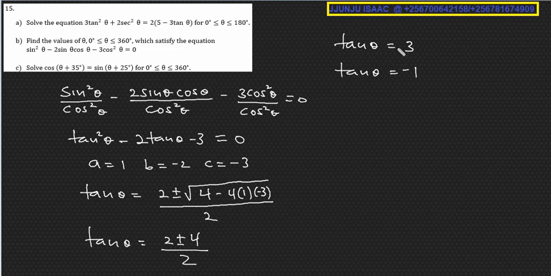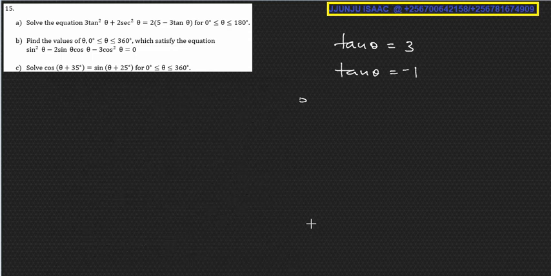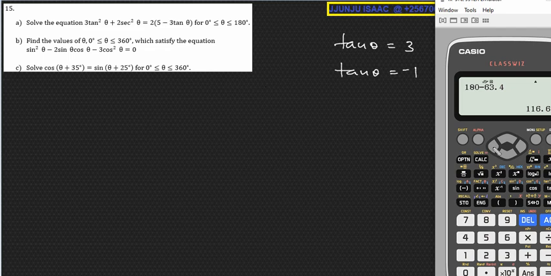So we need to find the values of theta in the range of 0 to 360. So let us start with the first part here, let us get tan theta. Tan inverse of 3, we get 71.5.